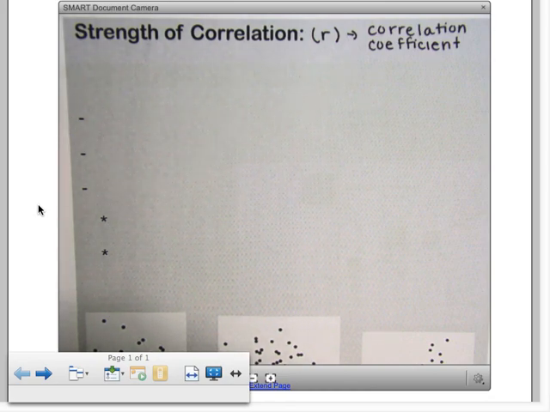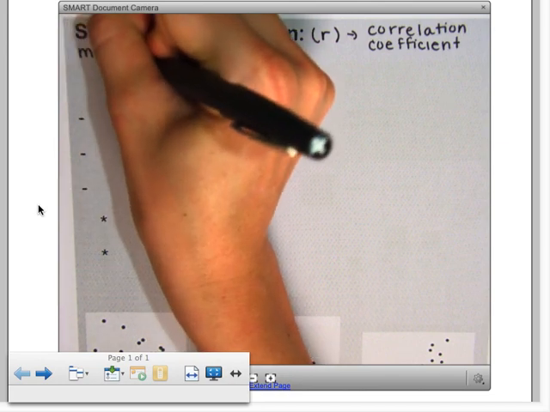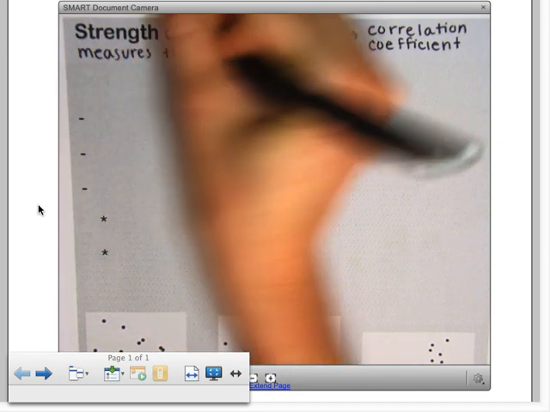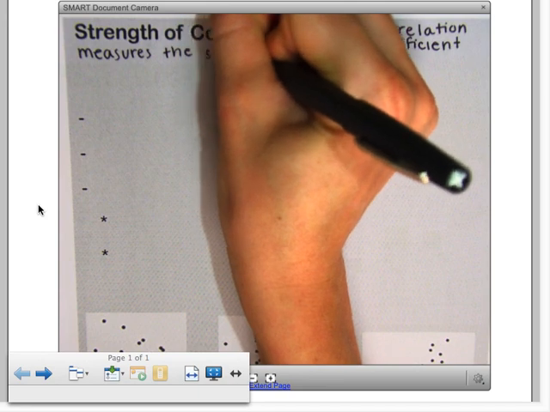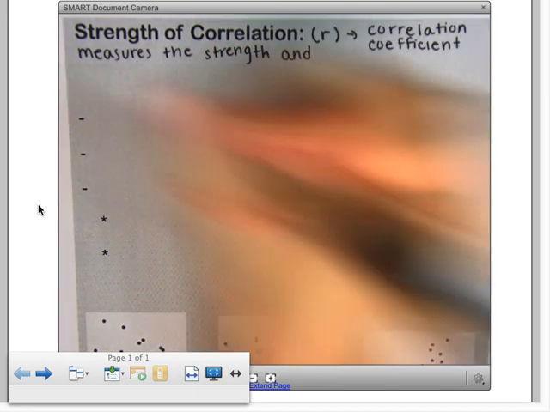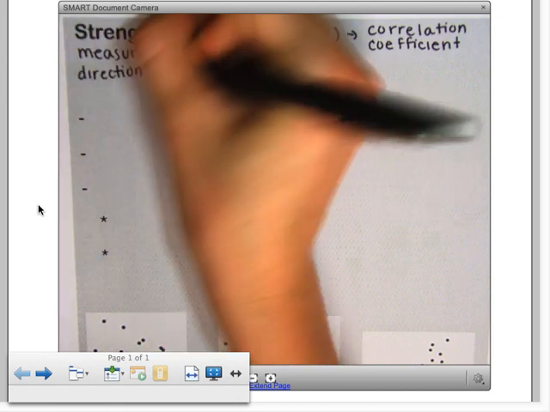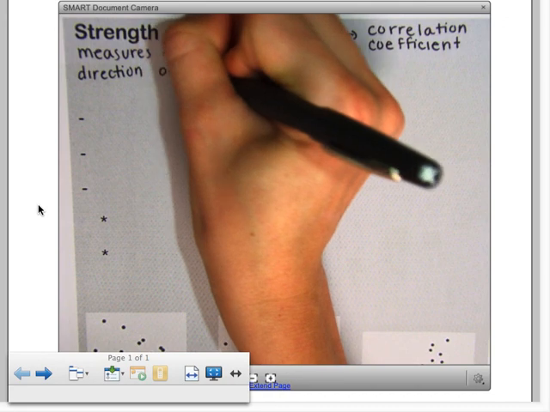Okay, so R measures the strength and direction of the linear relation.